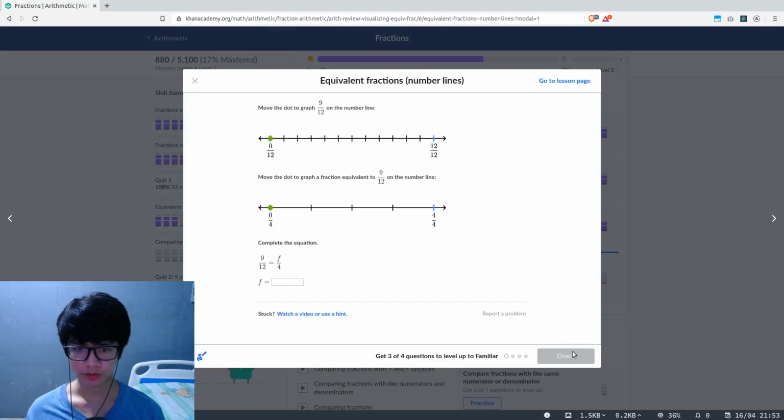Okay, equivalent fractions. Move the dot to graph 9/12 on the number line.